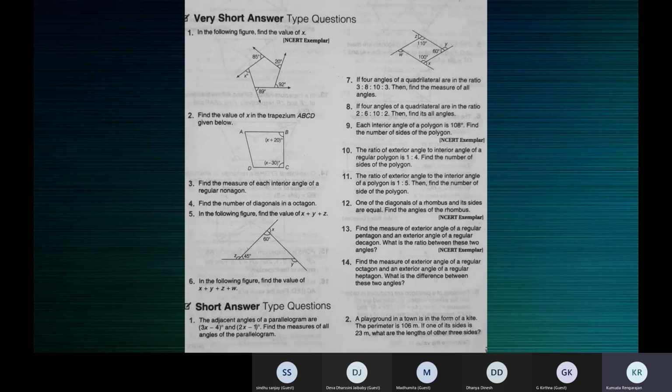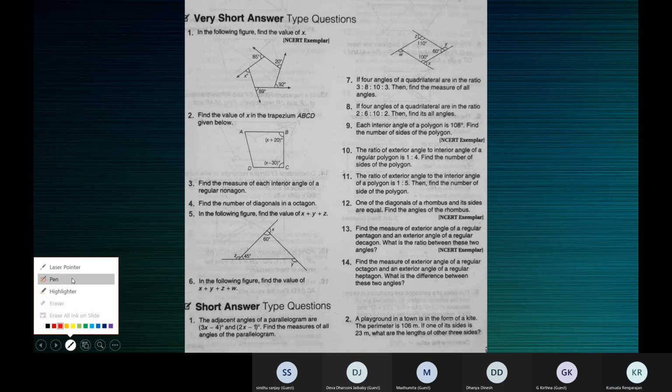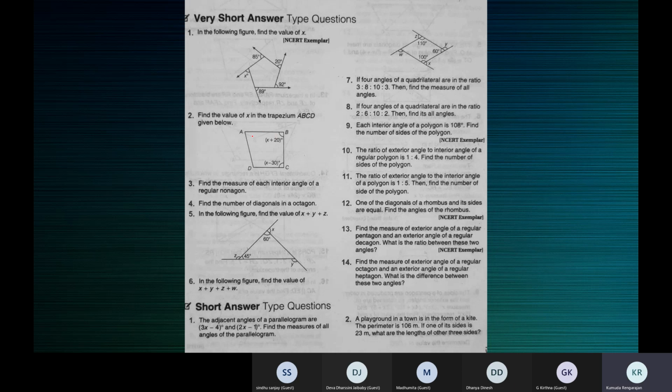A and B are adjacent angles, but they are not supplementary. I'm just saying in this figure, A and B are adjacent angles, but they are not supplementary. So the more appropriate reason is that here it's a trapezium.